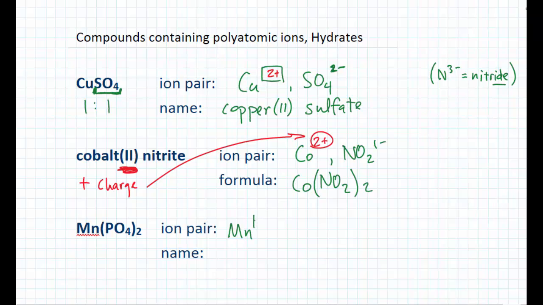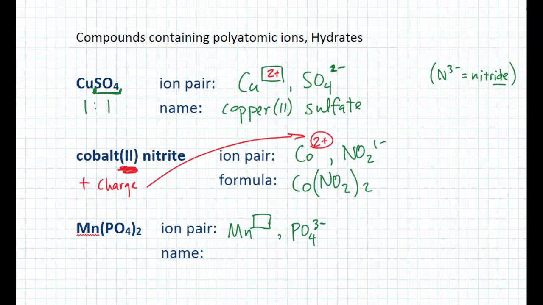All right. Here's one. I will put a box. We're going to have to figure this one out. So let's move on. Let's do PO4. We know PO4's charge from our list. PO4 is what? Okay, it's 3 minus. Now look at our formula. Here's PO4. There are 2 of those PO4s in the formula and just 1 manganese here.